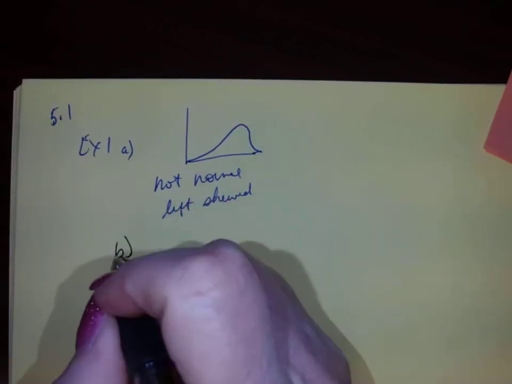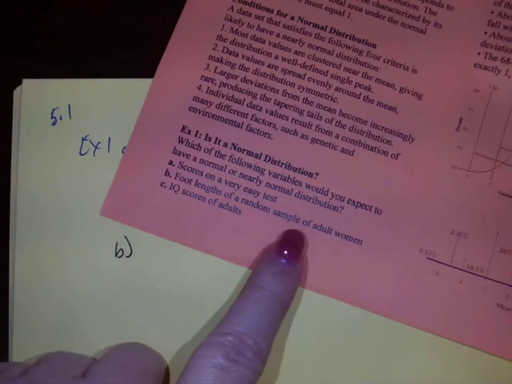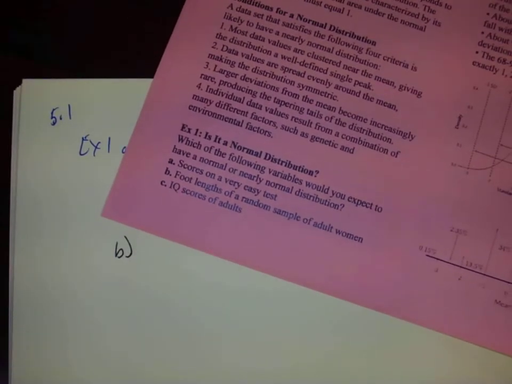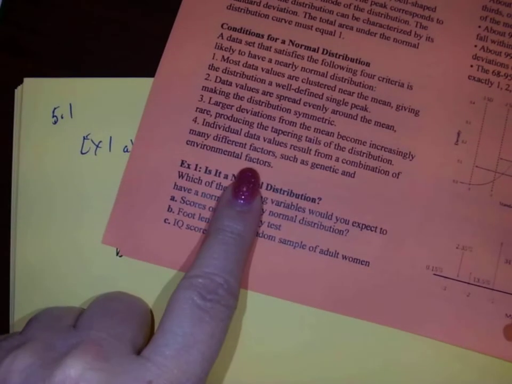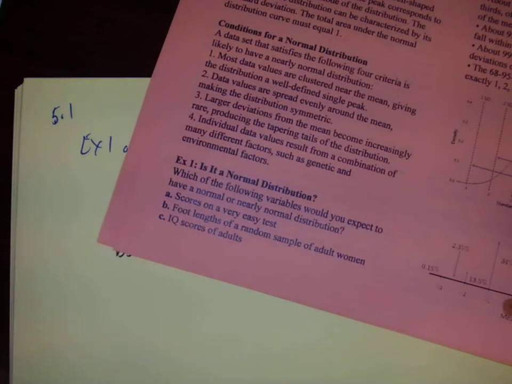The second question says foot lengths, so foot lengths of a random sample of adult women. Foot lengths, so the length of their feet. So that's going to be a human trait. It's determined by the genetic and environmental factors. So we're going to expect that a lot of them are going to be near the mean.